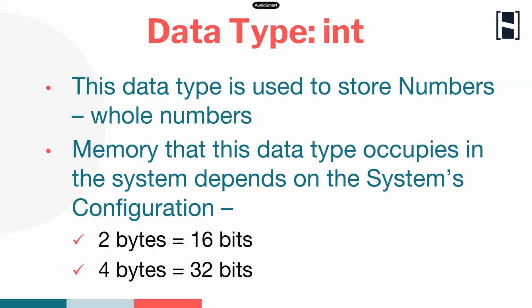If my system is a 64-bit system, then integer will get 4 bytes of memory allocated for it, that is 32 bits. So depending on the system configuration, the memory that is going to get allocated for the integer data type actually differs. This is one of the first points you should know regarding this particular data type.